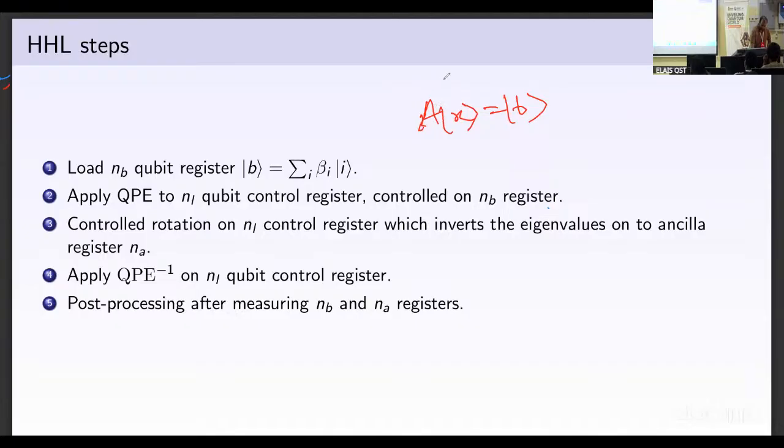A is the matrix, x and b are vectors. So first we load b into a register. We need another register which will act as a control, which will be controlled on the register of b. We will also need an additional control register, which is called the ancilla.